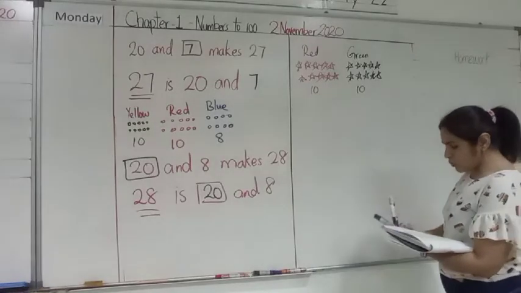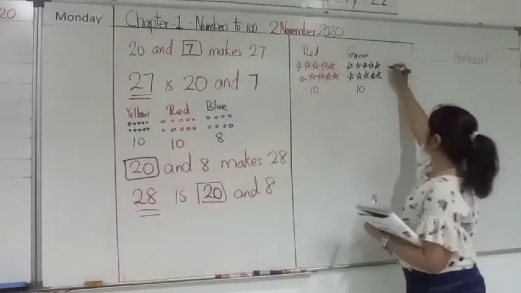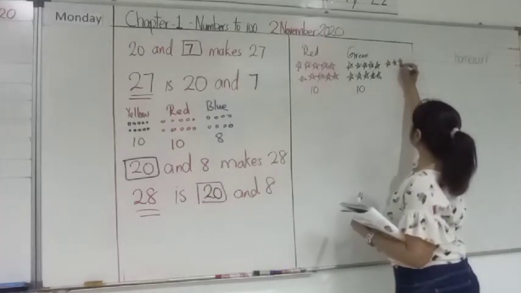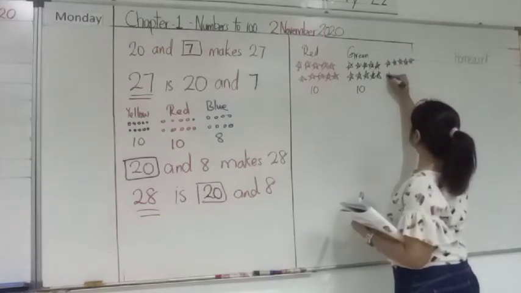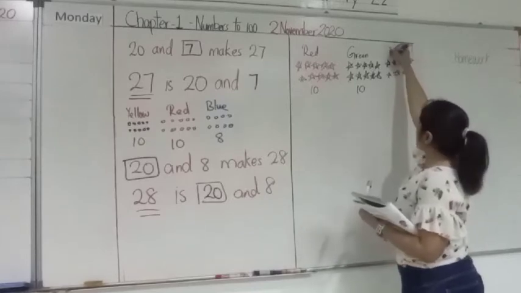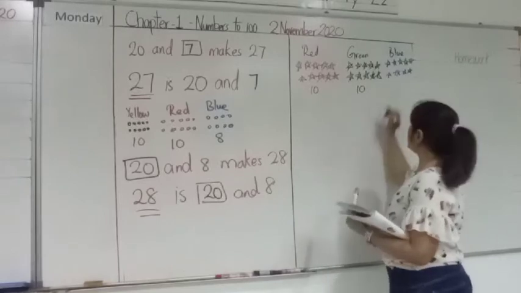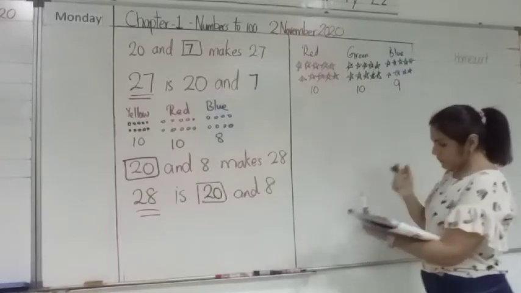And how many blue stars? 1, 2, 3, 4, 5, 6, 7, 8, 9. So it's 9 blue stars. I want you to write number 9 below the blue stars.